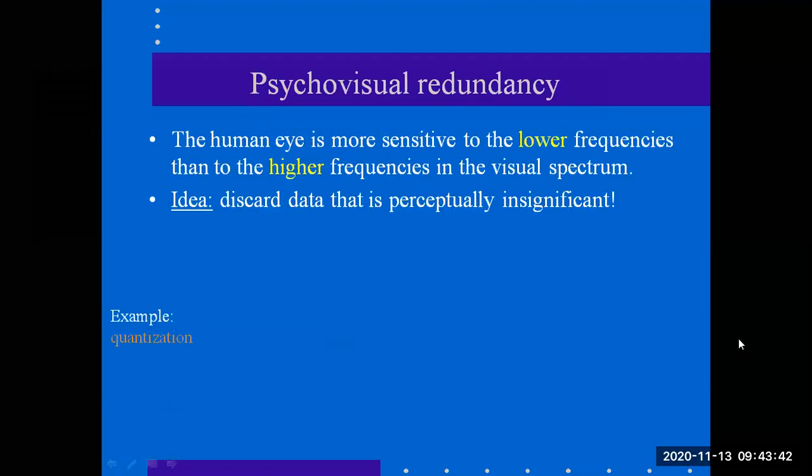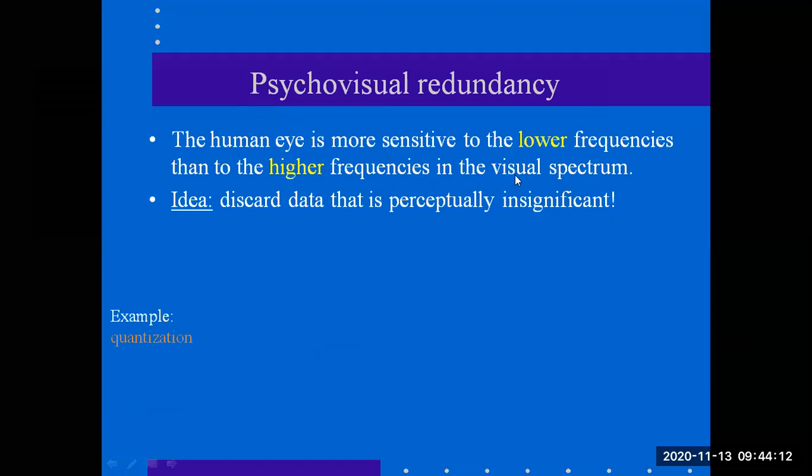Next, psychovisual redundancy. In psychovisual redundancy, the human eye is more sensitive. Already I told you, due to some psychological factors or different eye perceptions, we are observing more than one frequency instead of one. The human eye is more sensitive to the lower frequencies than to the higher frequencies in visual perspective.